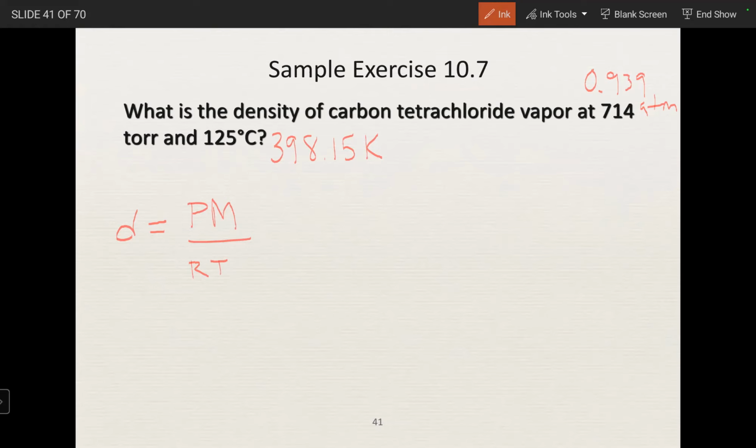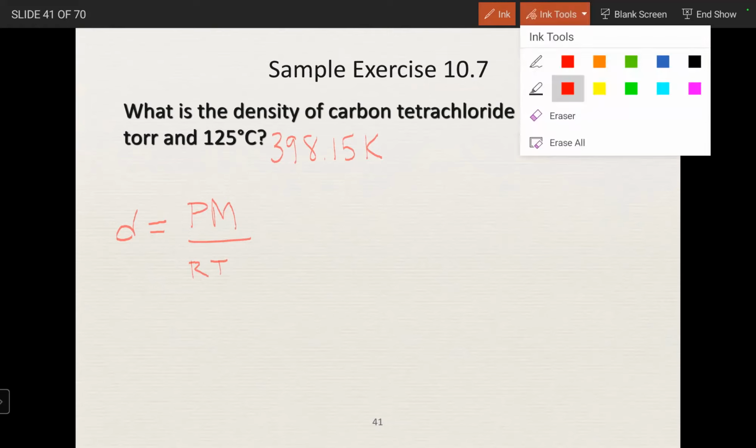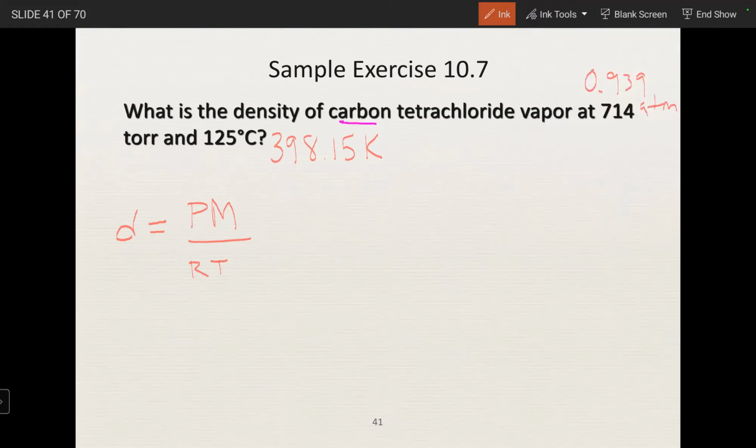We've got temperature. So the only thing we're missing is that molar mass. But since we're given the name of the substance, carbon tetrachloride is going to be 1 carbon with 4 chlorine. We can get the molar mass, which is going to be 153.81 grams per mole.